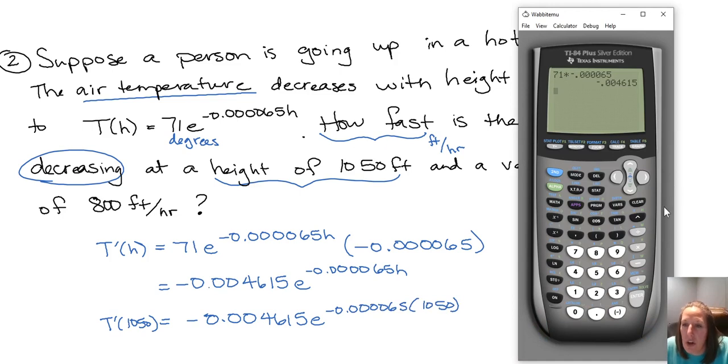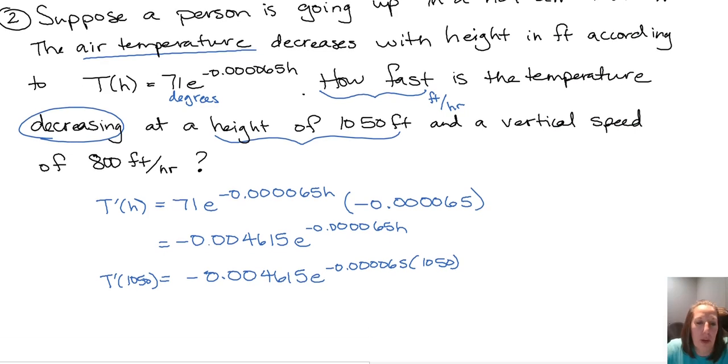In our calculator, that's our coefficient times the exponential function e to the negative 0.000065 times our h value of 1050. And so we get approximately 0.0043.